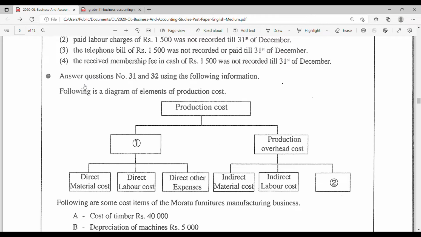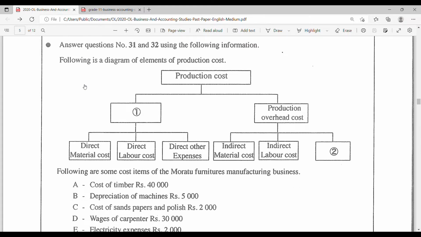Answer question numbers 31 and 32 using the following information. Following is a diagram of elements of production cost, a hierarchical graph. Looking at the diagram, it's clear that 1 here denotes prime cost or direct expenses and 2 here represents indirect other expenses.